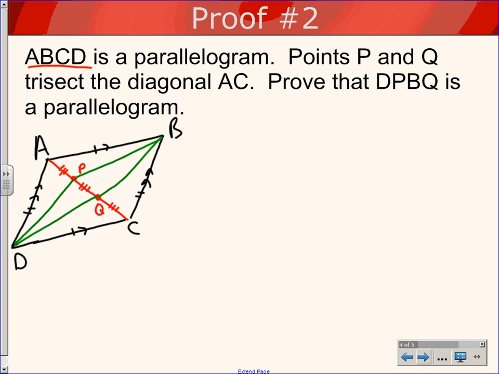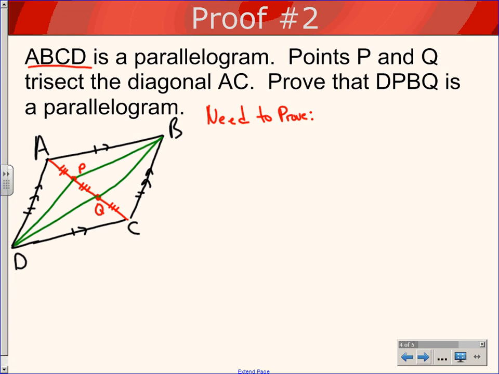What would be needed to prove that DPBQ actually is a parallelogram? We have to think about what's required for a parallelogram. The requirements to be a parallelogram are that opposite sides are parallel and equal to each other, right? Opposite sides are parallel and equal. So what we need to prove is opposite sides are parallel and the same length.